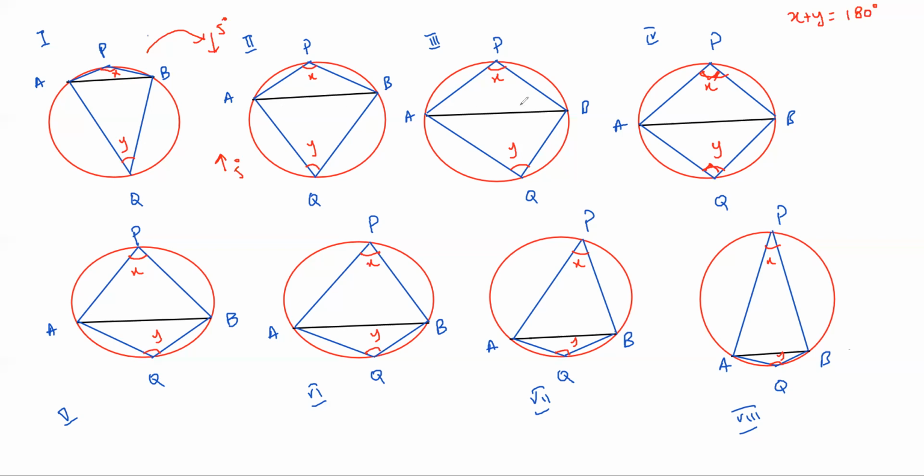Okay, so from here, we have the first property of the circle. When we talk about the angle properties, we will only consider the angles which are formed on the circumference. So the angle in a semicircle is a right angle. That is the first property you need to remember: if there is a diameter and it makes an angle on the circumference, this angle will always be a right angle.